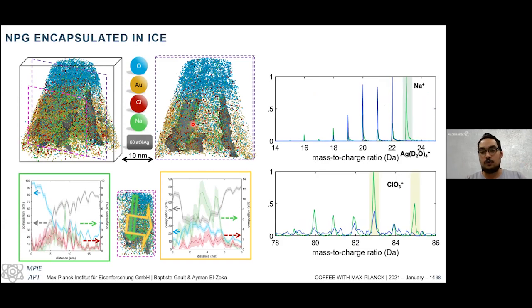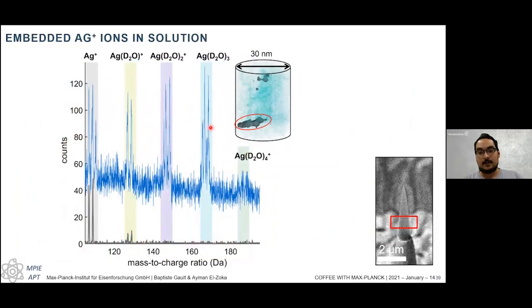This is just to show the different spectra that we were able to get with chlorine and with sodium, because we were really interested in knowing if we can detect solutes inside these nanopores. We were also able to detect little floating silver that is from the de-alloying procedure, well above the nanoporous gold part.